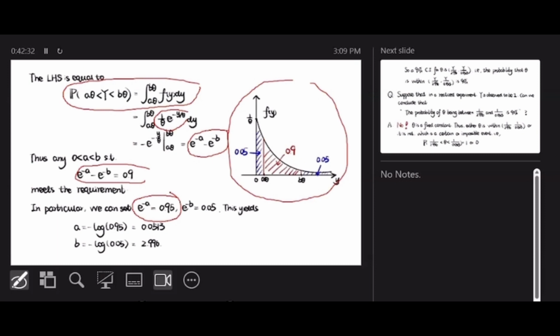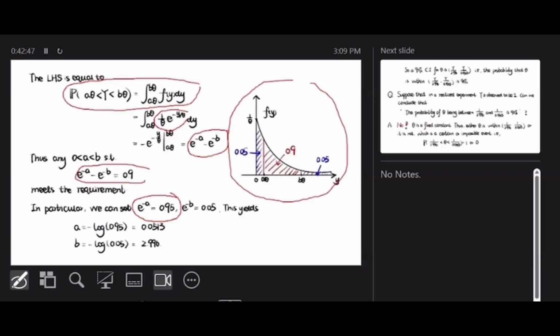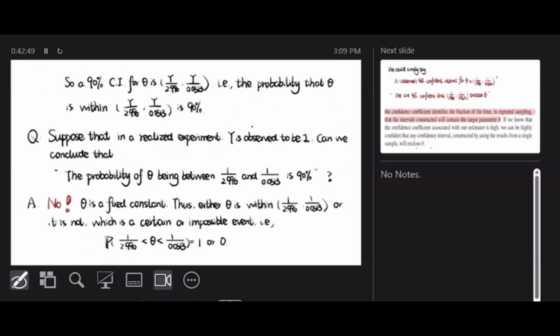So if you take a look at this now, we succeeded in finding A and B. After finding A and B, we still need to go back and plug in. I'm going to plug in back here. So when I plug that A and B back, take a look at this guy now.